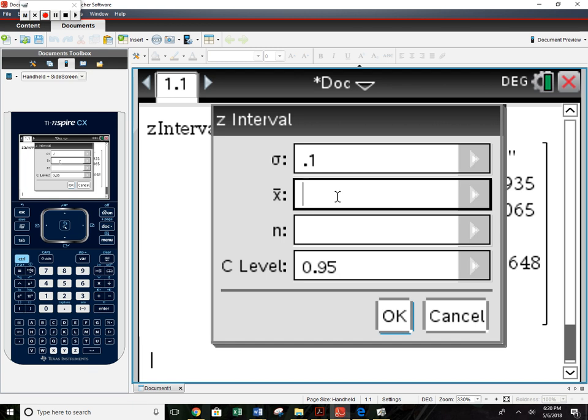X bar is 2 ounces and a sample of 16. We're going to change that to 98. So we are going to be more sure. We're 98% sure that the mean lies between here and here, instead of 95. If we're going to be 98% sure, that's going to open up our window.